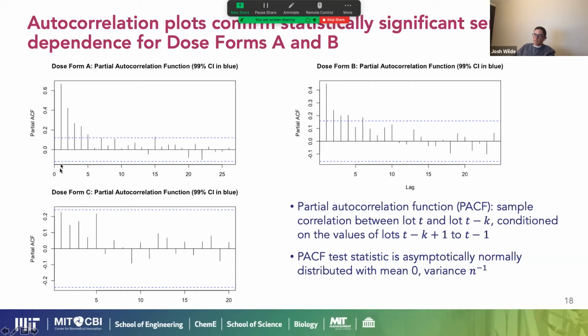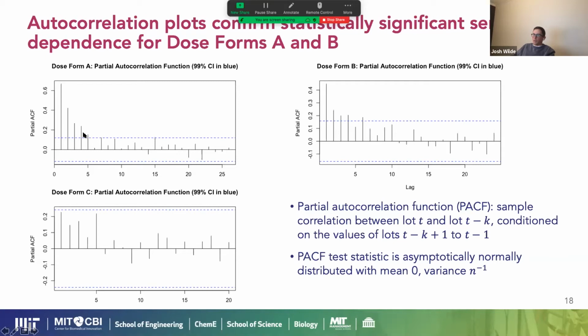So this point right here is the correlation between the data measured at time 0 and the data lagged by 1 lot in this case. It's slightly more complicated here: we're looking at the partial autocorrelation function, which means that each line measures the correlation, netting out the effect of all of the other lags besides the lag you're looking at.